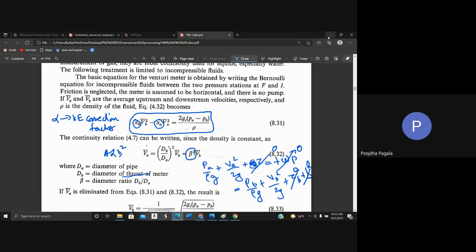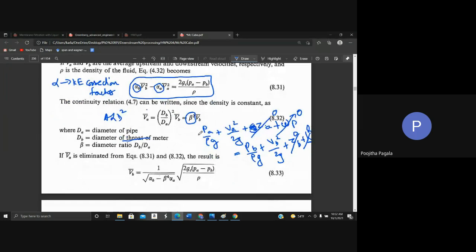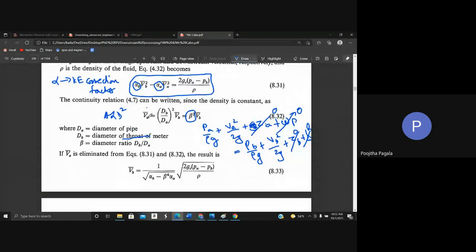Okay, let's get back to the derivation. Once you replace VA by beta square VB, and if you eliminate VA, the result you're going to get is VB equal to 1 by root of (alpha B minus beta power 4 alpha A), under root 2 gc, into 2 delta P by rho.